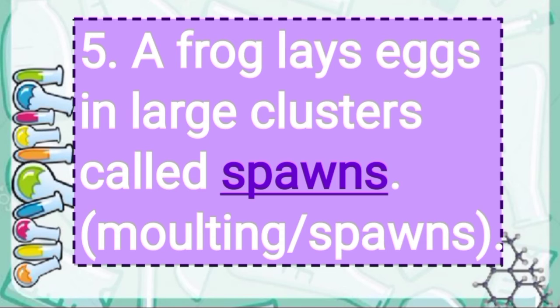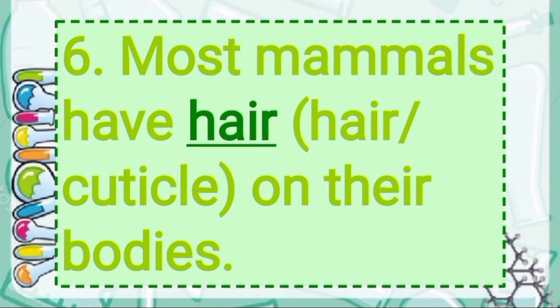First option: molting. Second option: spawns. So the answer is a frog lays eggs in large clusters called spawns, from which a tadpole hatches out.